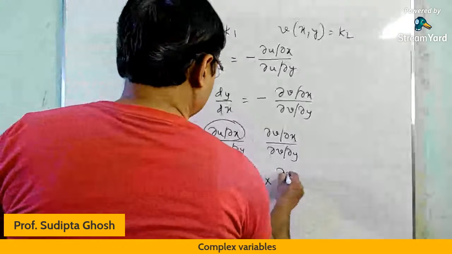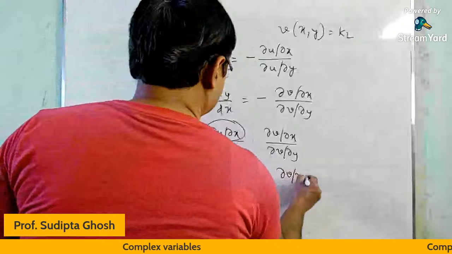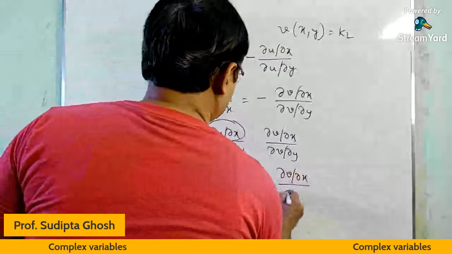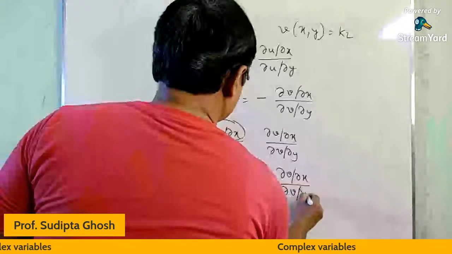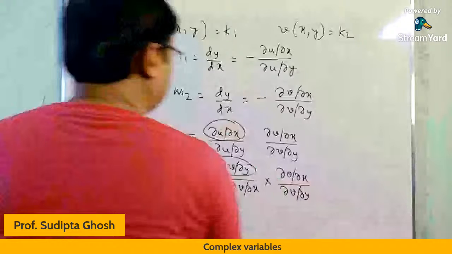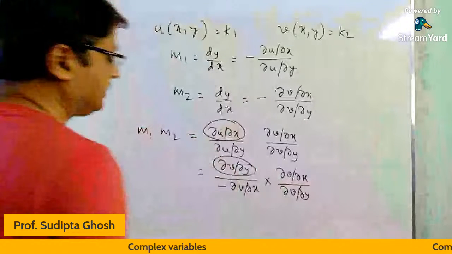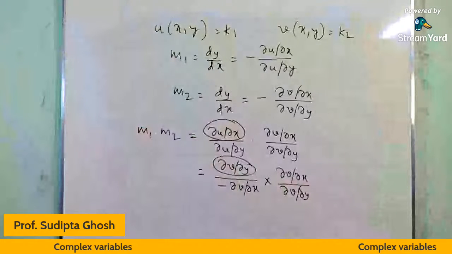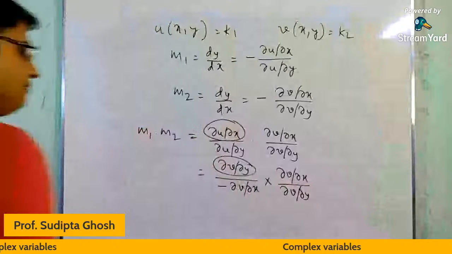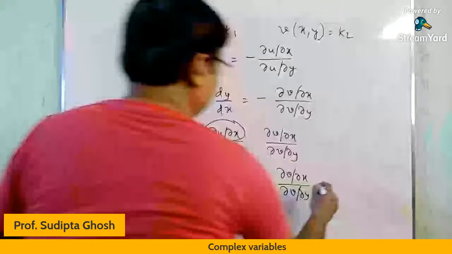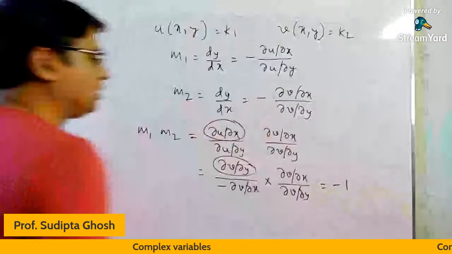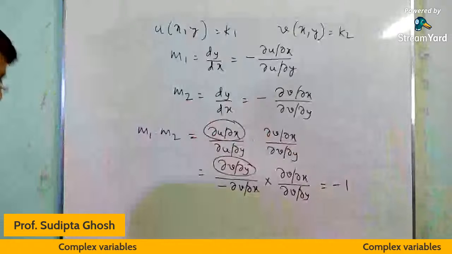So I get del v del y divided by del v del x, into del v del x by del v del y, with a negative. That means they all cancel with each other and we get the value of minus 1.